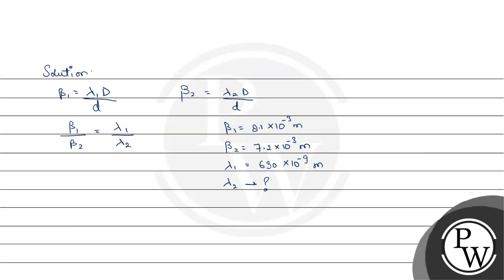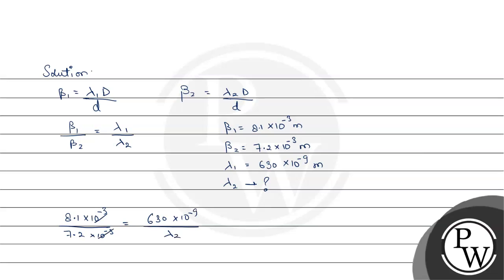So from this equation, when we put our values, we get 8.1 into 10 to the power minus 3 over 7.2 into 10 to the power minus 3 is equal to 630 into 10 to the power minus 9 upon lambda 2.